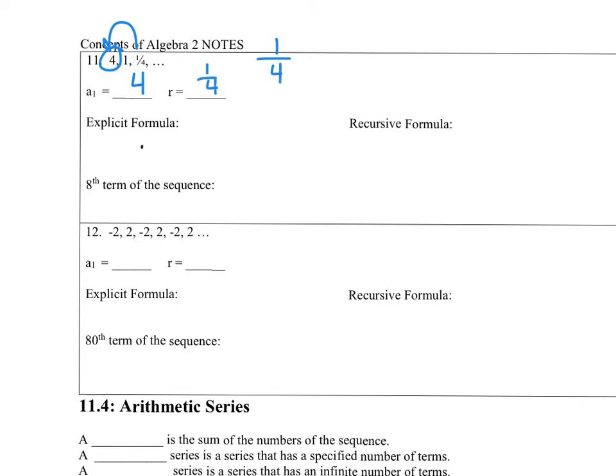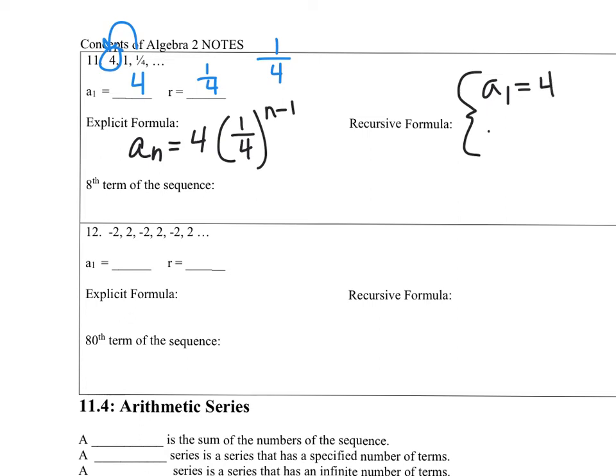To write the explicit formula, it's going to be a sub n equals a sub 1, which is 4, times your r, and I always put r in parentheses, to the n minus 1 power. That's the explicit formula. The recursive formula is going to be 2 lines. So a sub 1 equals the first term, which we know is 4. And then a sub n equals the previous term, which is a sub n minus 1, times 1/4.